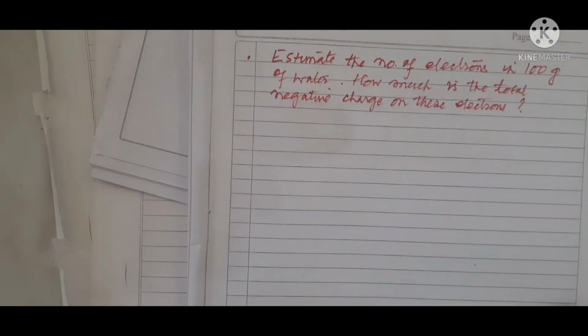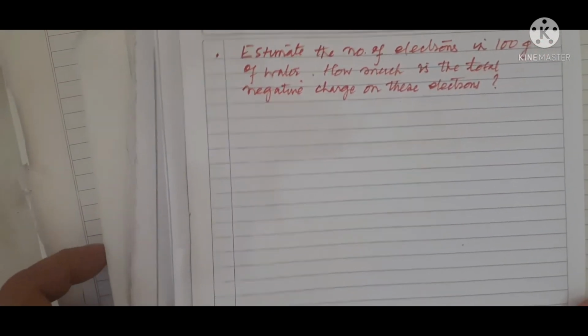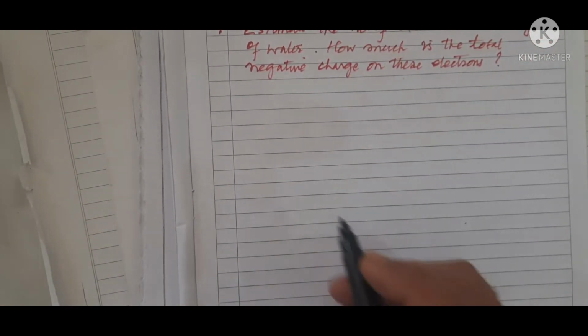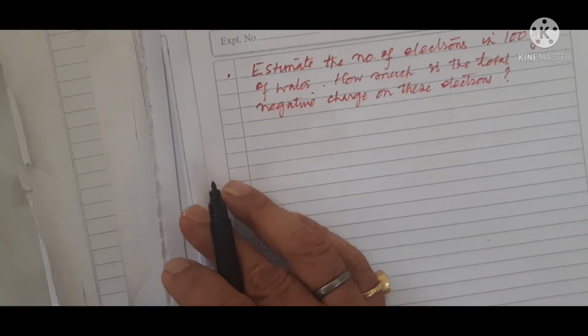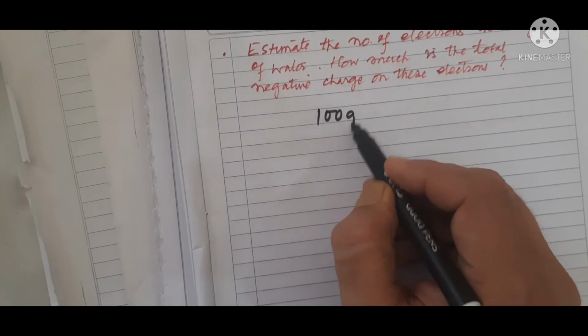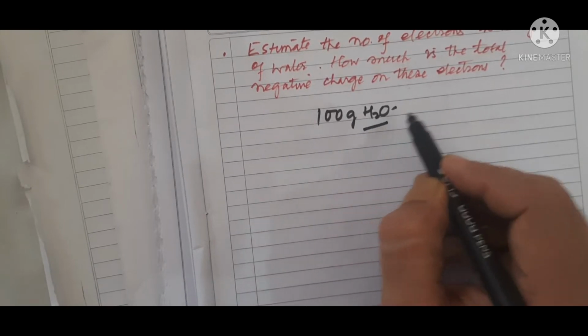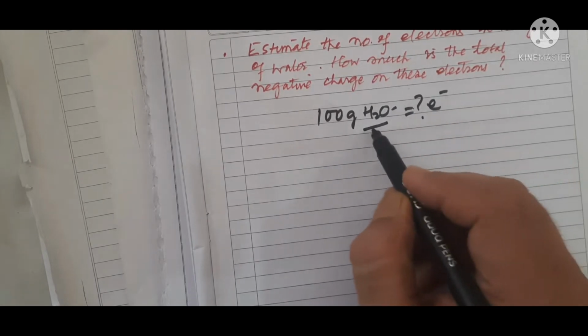Another question: estimate the number of electrons in 100 gram of water. How much is the total negative charge on these electrons? मतलब 100 ग्राम वाटर है, इसमें कितना इलेक्ट्रॉन है, पहले तो कितना इलेक्ट्रॉन है ये हमको निकालना है.